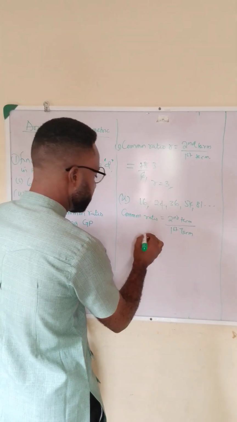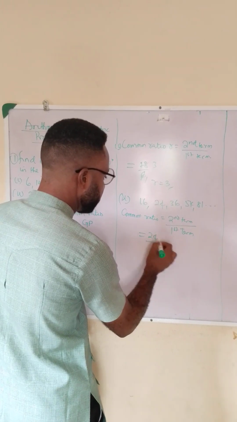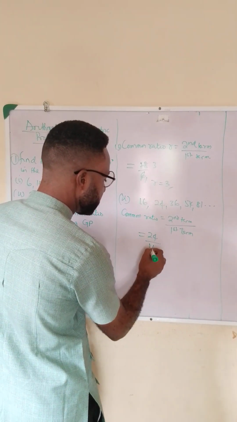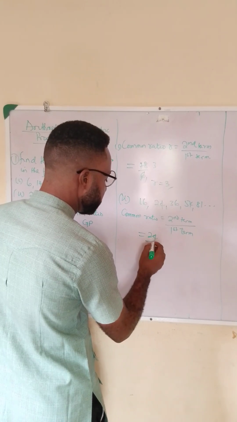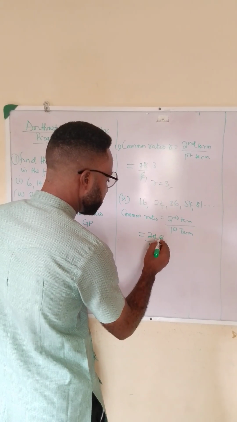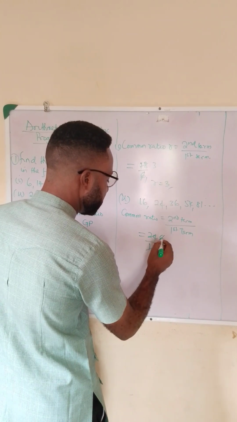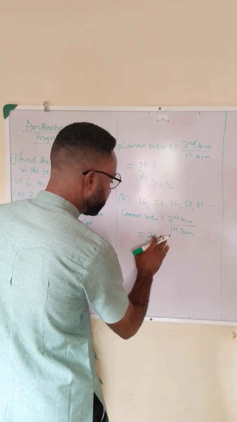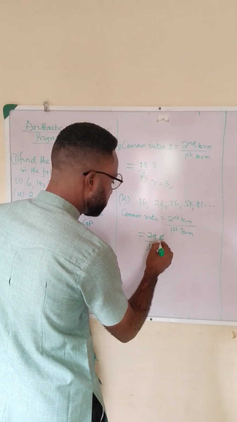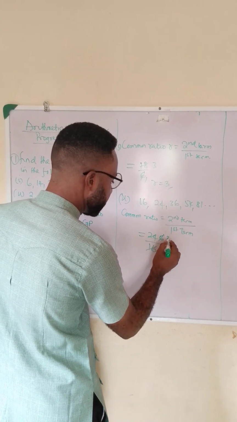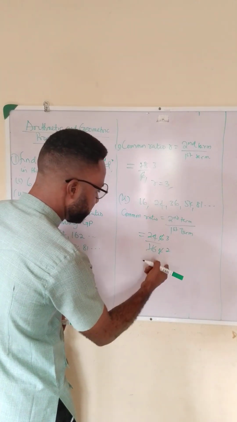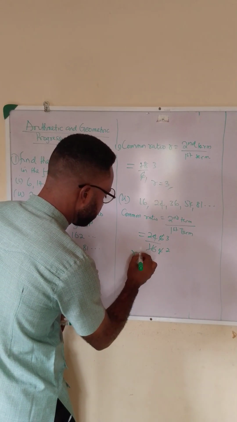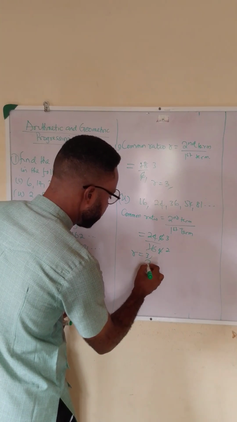Our second term is 24, so we have 24 divided by 16. 4 into 24 is 6, 4 into 16 is 4. Then 2 into 6 is 3, and 2 into 4 is 2. We cannot divide further, so R is equal to 3 over 2.